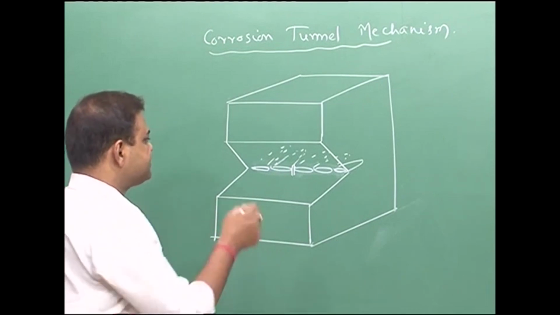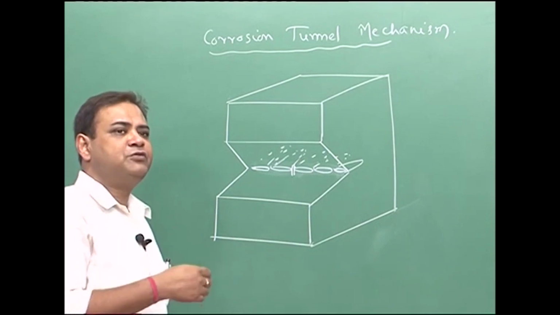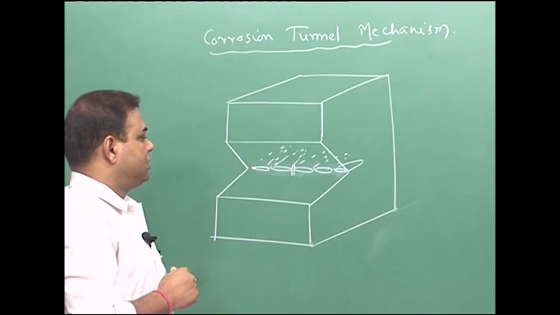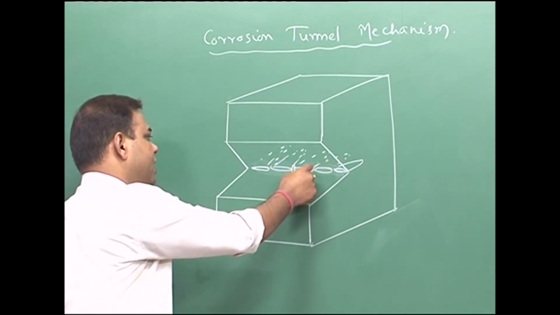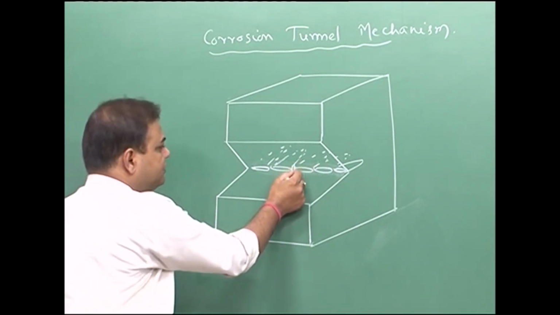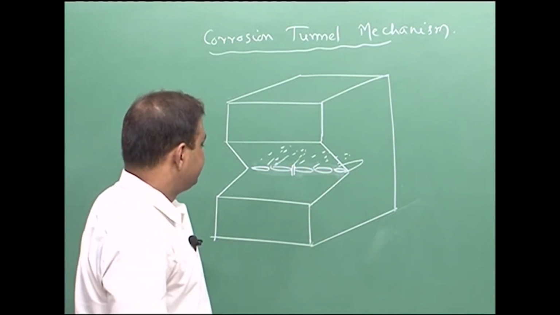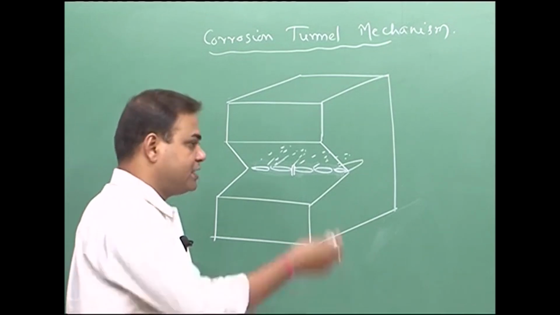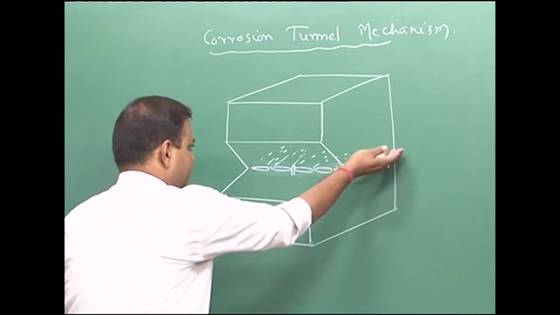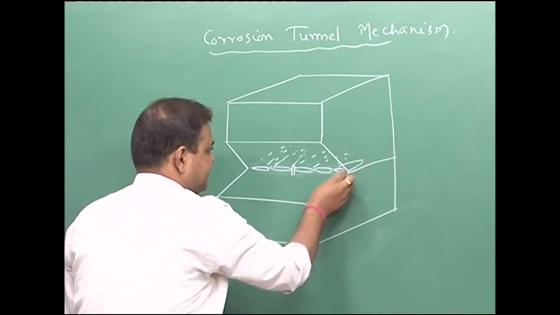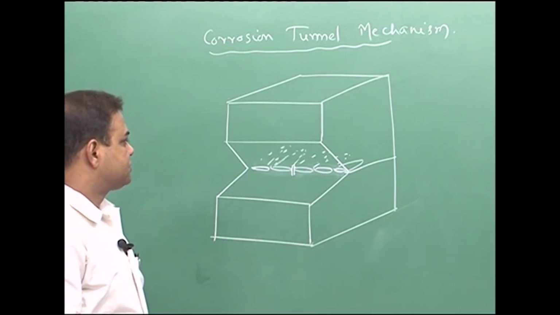In the modified version, initially it was a tunnel, and then it converted to slots, and all those small slits become of atomic dimension, and then you have very good surface matching on the fracture surface. Let us say this is the fracture surface, and you have a very good surface matching, which is the characteristic of stress corrosion cracking.